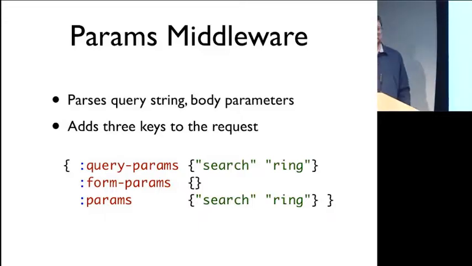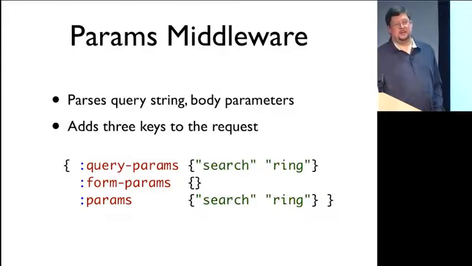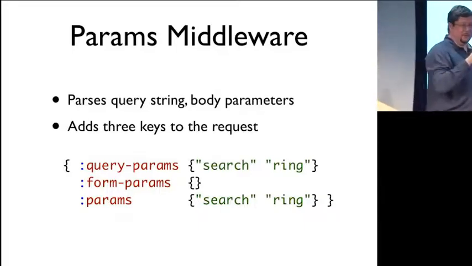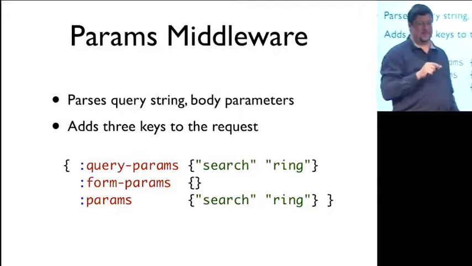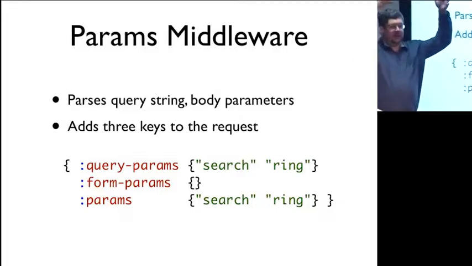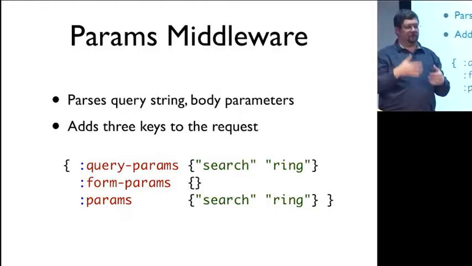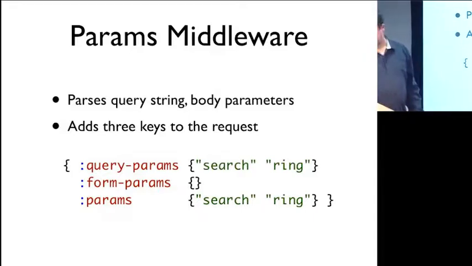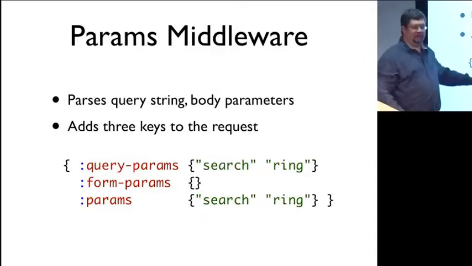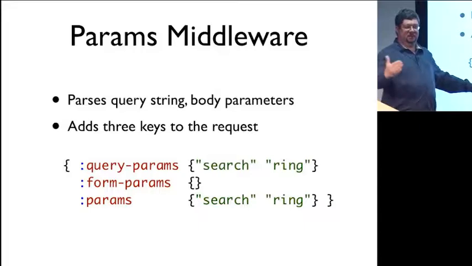Yes, question? Does the order matter? Yes, it matters, and I'll get to that in a minute, okay? It does matter because it's just a set of nested functions. So if you have something that's going to inspect these values, it has to get control after wrap params.